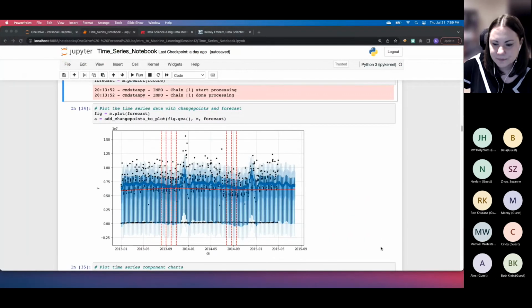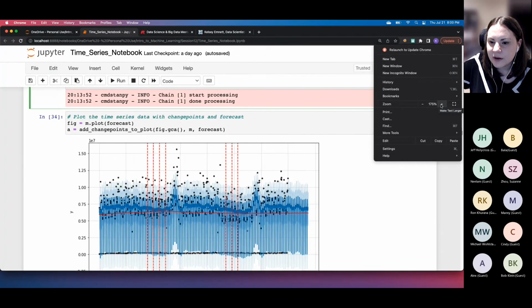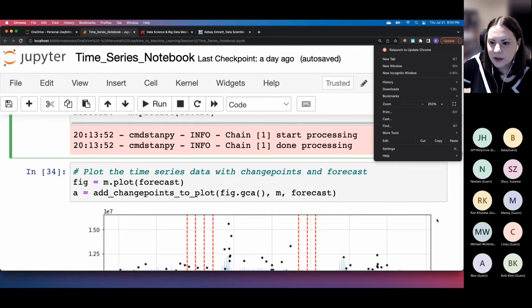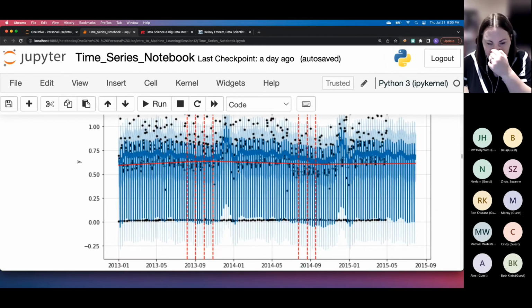Okay, hold on. So I want to zoom in. It's not super apparent on this unless you go really far in. Here we can see that there was a change in trend at these different points. You can see where the trend was relatively flat here. There was a change in trend here.